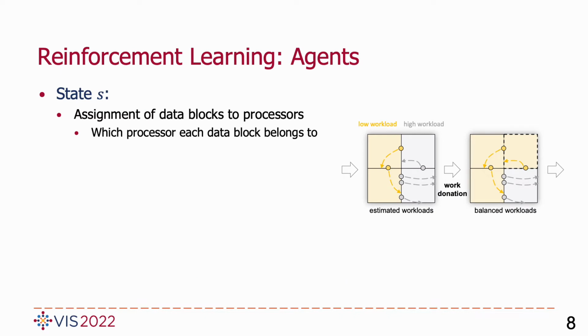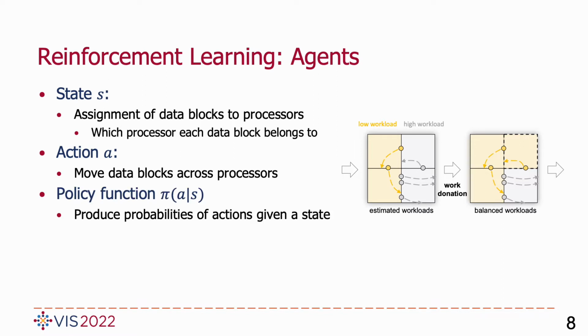The current state of agents corresponds to the current assignment of data blocks to processors, indicating which processor a data block belongs to. Agents can take actions to migrate data blocks across processors to change the state.